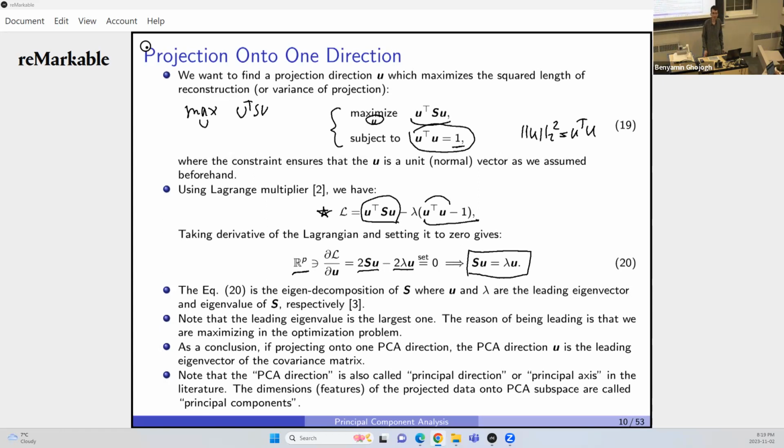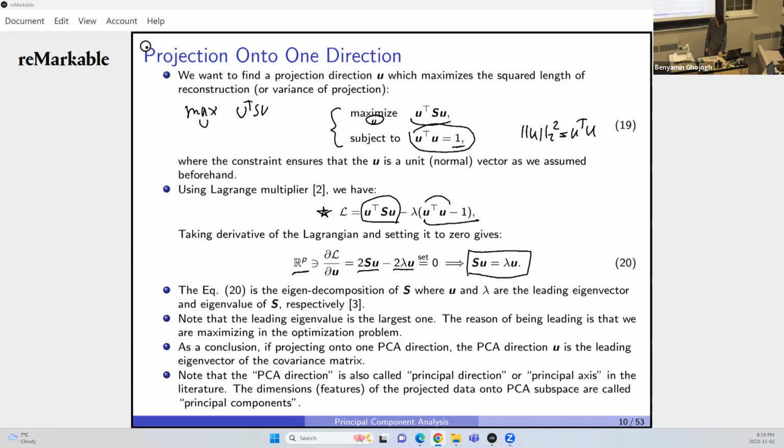So what did we want to find? U, right? The optimization variable was U. We just solved it and saw that the solution to the optimization problem, U, is the eigenvector of matrix S. And what was S? The covariance matrix before projection, the covariance matrix of data. Done. PCA is over for now. The PCA solution is the eigenvector of the covariance matrix. We just proved that.